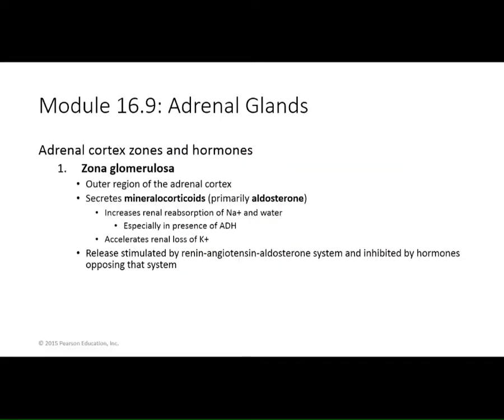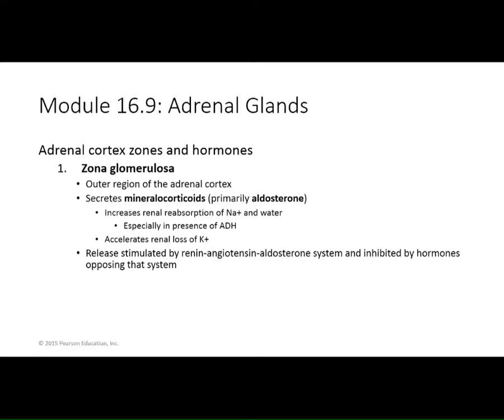The cortex, the outer layer, is divided into 3 zones, 3 layers. Hang on as I go through this. The outer layer is called the zona glomerulosa. Glomerulosa. Sounds a lot like what? Glomerulus, right? And this outer area is making a subset of corticosteroids called the mineralocorticoids.